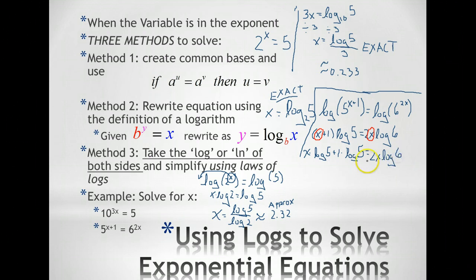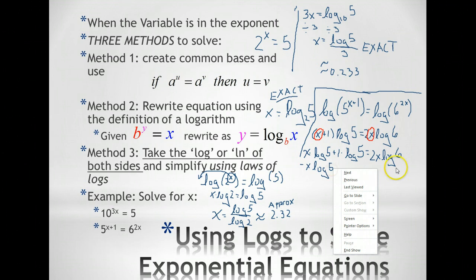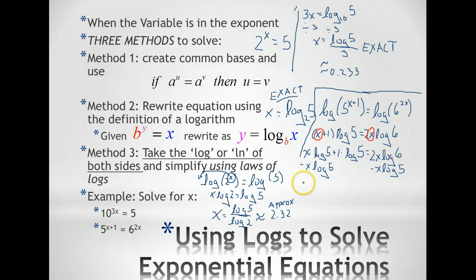Now I want all the x's on one side, so I'm going to take this term and subtract it and put it on the other side. So I subtract x log 5 from both sides. Minus x log 5. Now, these are not like terms. I cannot subtract them.